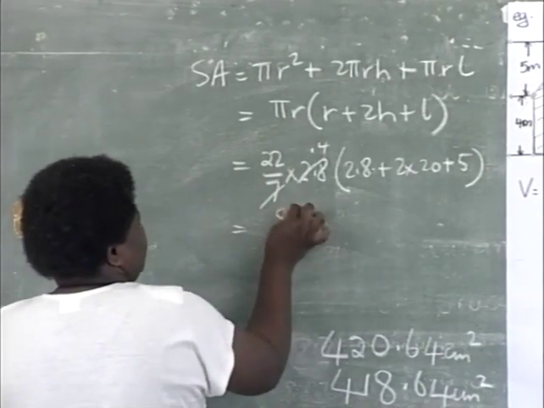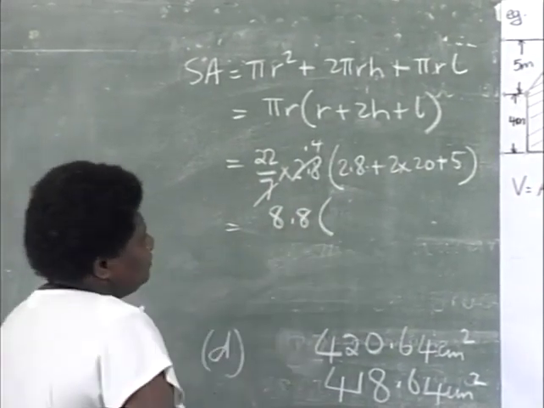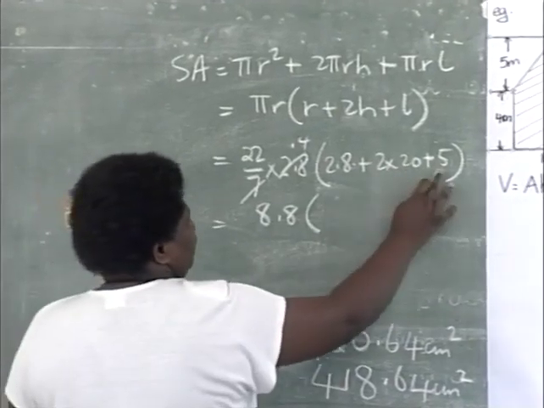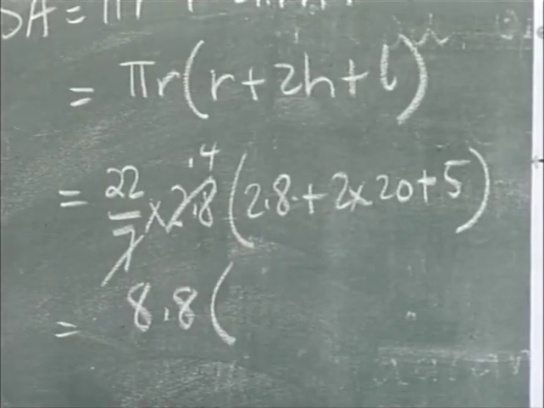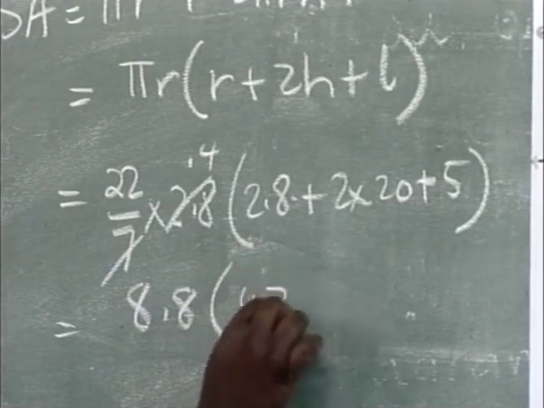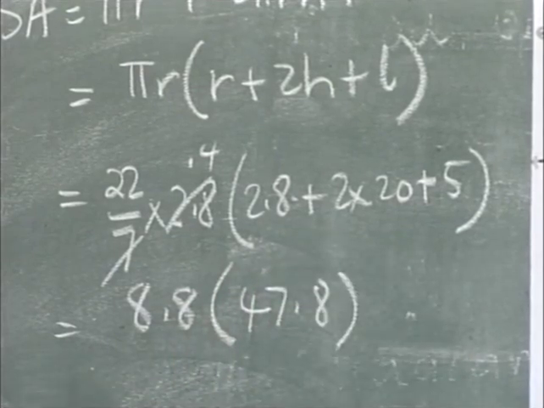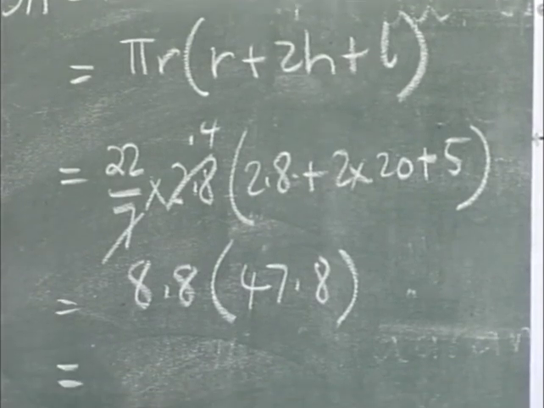Okay, I get 8.8 here. And I get 45, 45 plus 2.8 is 47.8. Please correct me if I'm wrong. Correct? Okay, so 8.8 multiplied by 47.8.